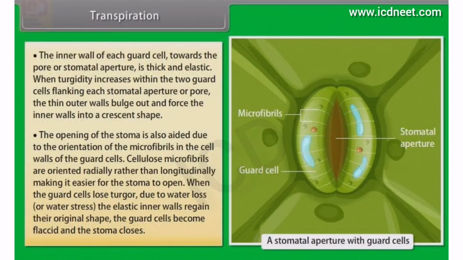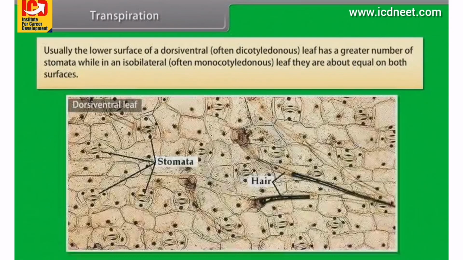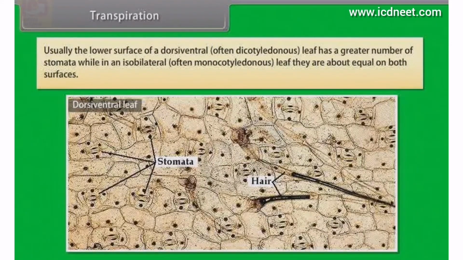The guard cells become flaccid and the stoma closes. Usually the lower surface of a dorsiventral, often dicotyledonous, leaf has a greater number of stomata, while in an isobilateral, often monocotyledonous, leaf, they are about equal on both surfaces.